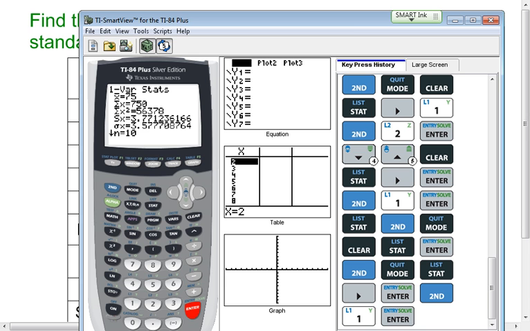And here's what you need to know. The x with the line above it right here is the mean. We're going to use the Sx for the standard deviation, and I'll talk about which one would be used when. But the Sx is the standard deviation.